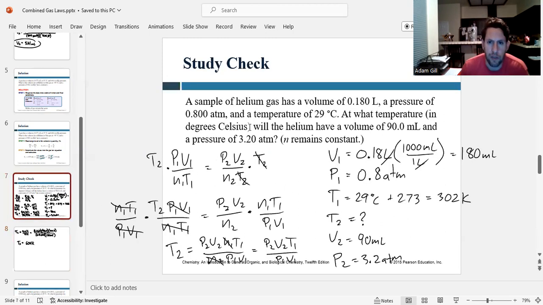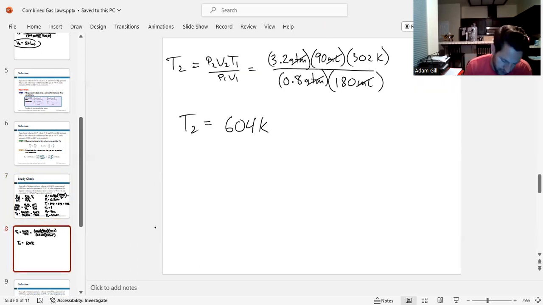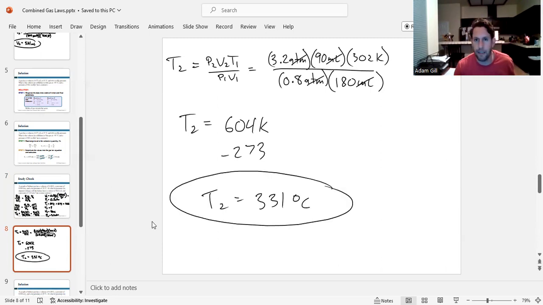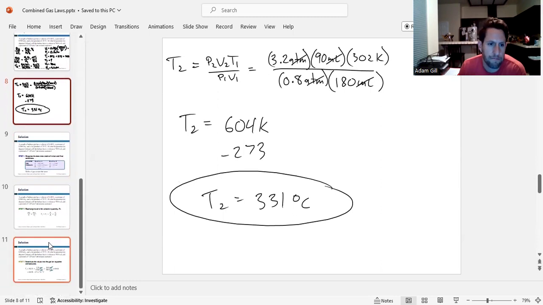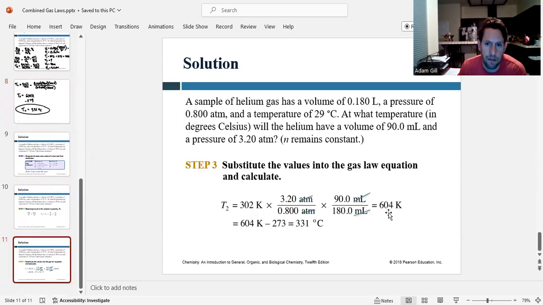Now, they asked for the answer in degrees Celsius. So if we subtract 273, we should get 331 degrees Celsius. Let's see if we did it right. Yep.